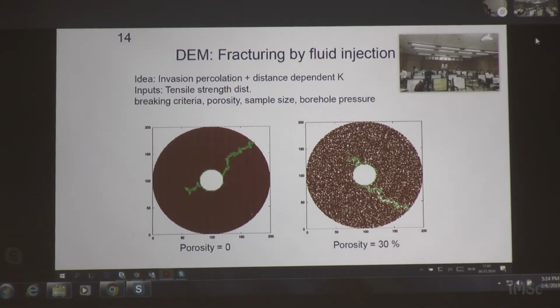We have seen these things in real laboratory experiments, that whenever a fracture is opening on one side, something is happening at the opposite side of the borehole. And when we take porosity 30%, on the right hand side, you can see the fractures are a bit rougher, and maybe because of this porosity it's easy to bend, which is why the roughness is bigger than in the compact model.